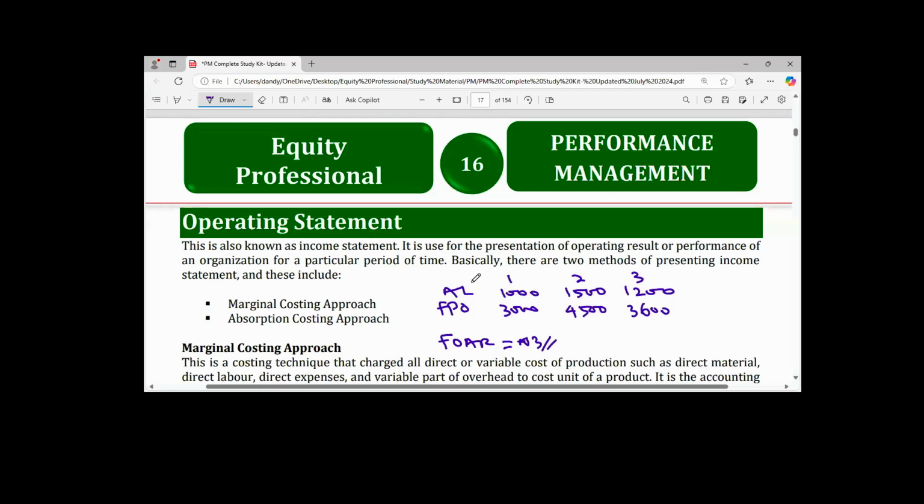And I think we had an illustration. Let me confirm. Let me check from the last material I shared with you. Just 1 minute, please. I want to confirm where we stopped last time. I want to know whether we solved any question. I think we did, but let me confirm.